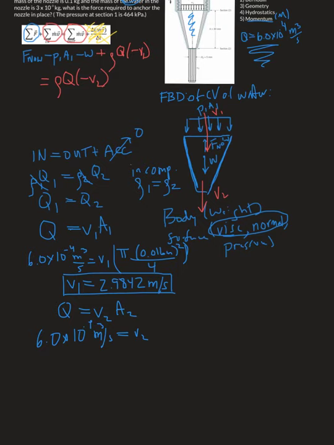I guess technically these should be W's, but we'll just use V's. Note that your expectation here is that the velocity is going to go a lot faster because it's a much narrower opening. And when we pull it into the calculator, that is in fact what we get.